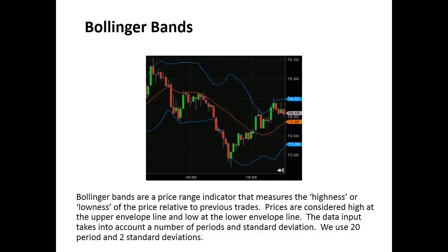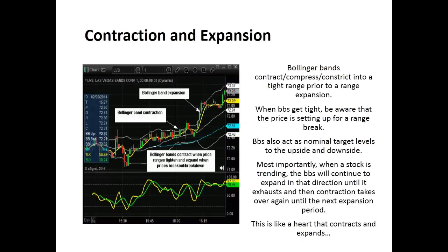The data input takes into account the number of periods and standard deviation. We use 20 period and 2 standard deviations. Now, the other advantage of Bollinger Bands is you notice how they will compress, which means your upper and lower Bollinger Band range will get tighter whenever you get a compression.